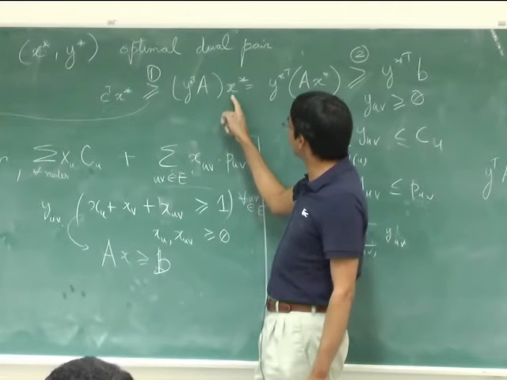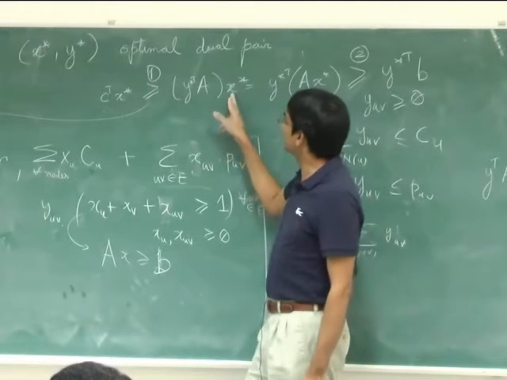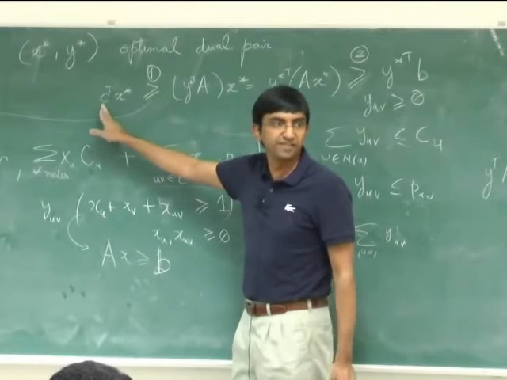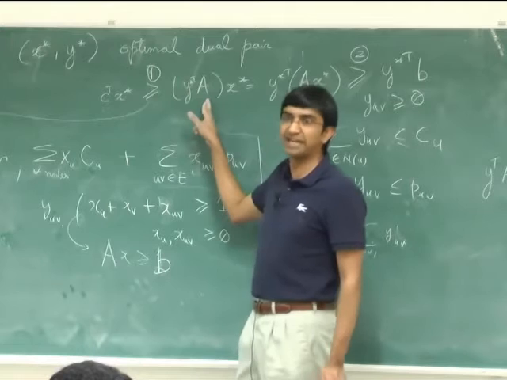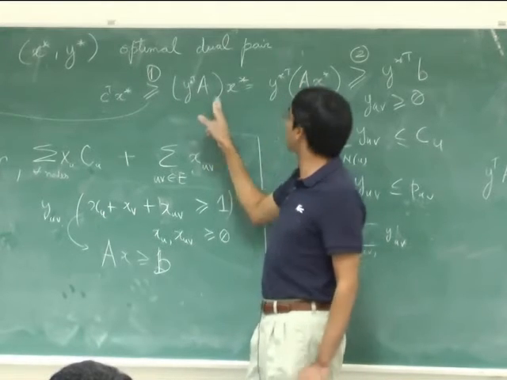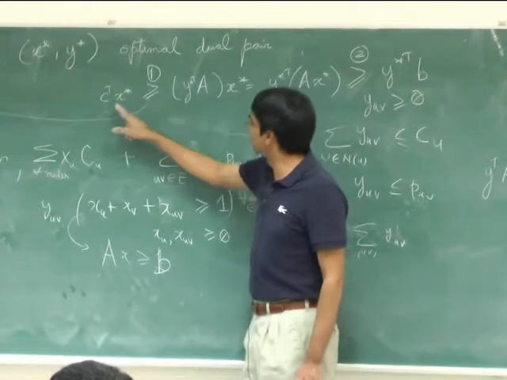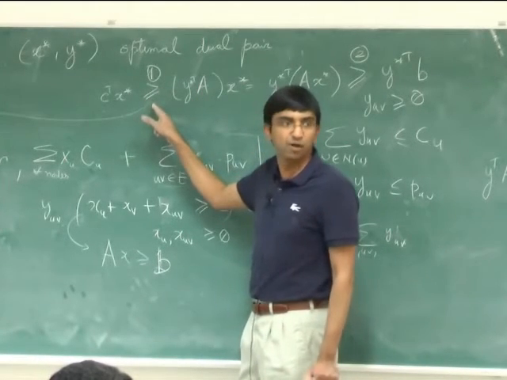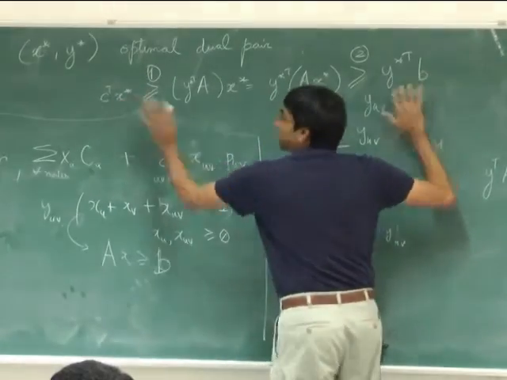So whenever this vector has a positive value in it, the corresponding c coefficient has to be equal to the corresponding y dot A. If not, because it's positive, if this was strictly greater, then this would be a strict inequality. But because these are optimal dual pairs, these values are equal.